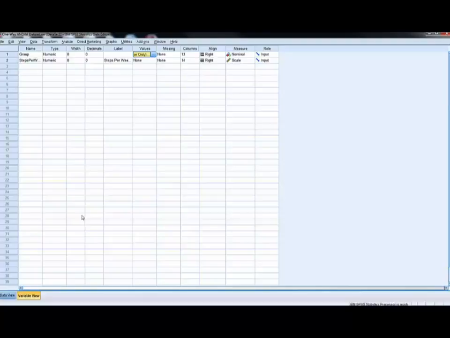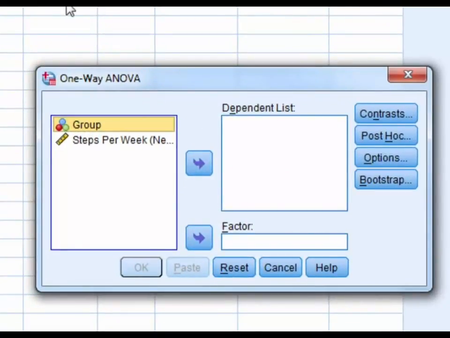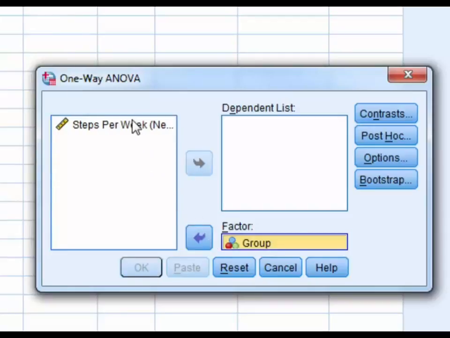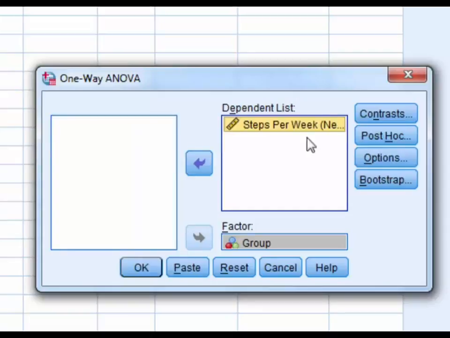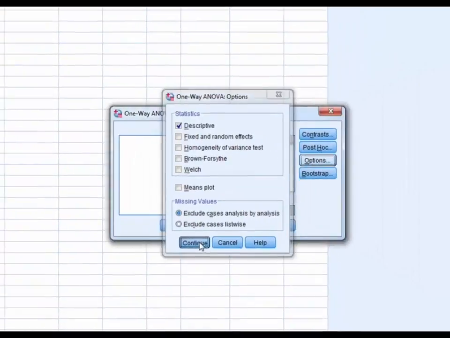So to run a one-way analysis of variance, we go to Analyze, Compare Means, One-Way ANOVA. Up comes the One-Way ANOVA window. Group is our factor. Steps is our dependent variable. Options that we would choose would be descriptive statistics, then continue, and OK.